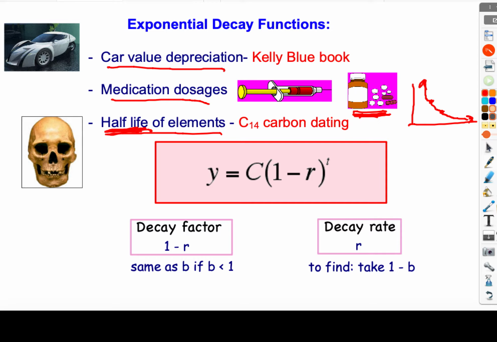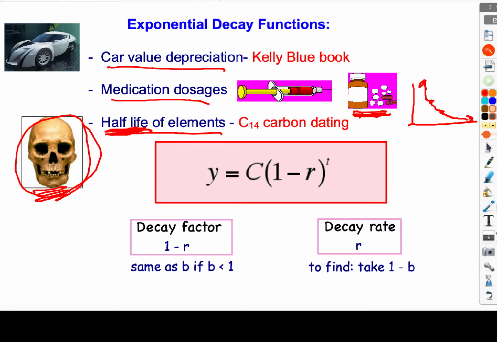So it works great for carbon dating, things like bones, like this nice skull here. Because half of the amount, even if it's 10 grams, now it becomes 5 grams, 5 becomes 2.5, even if it's 0.002 grams, well, now there's still 0.001 grams. Half of that will be left.